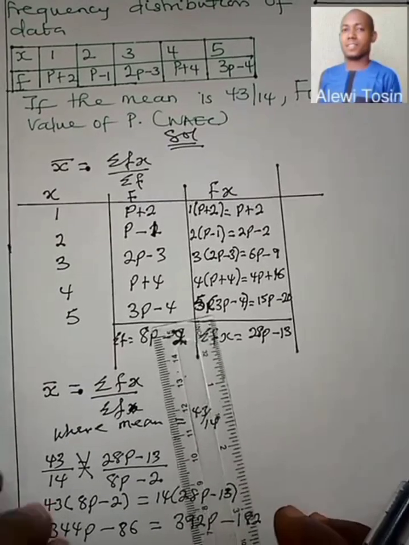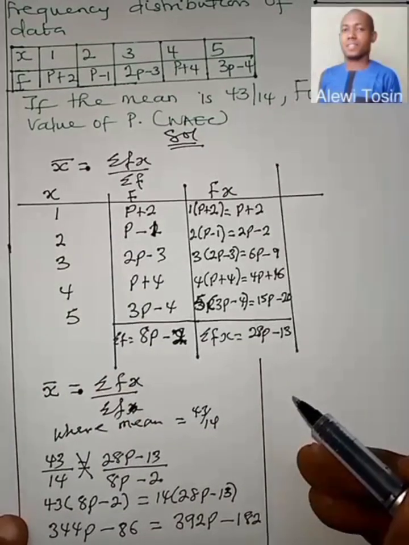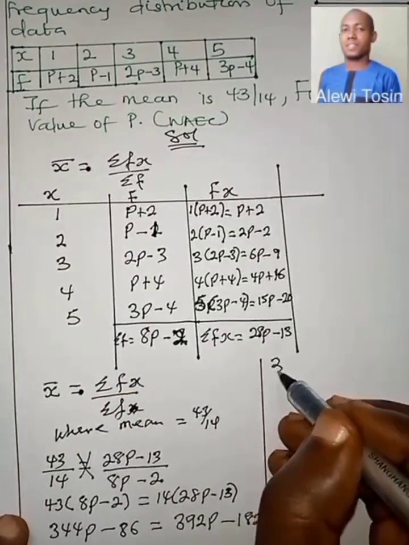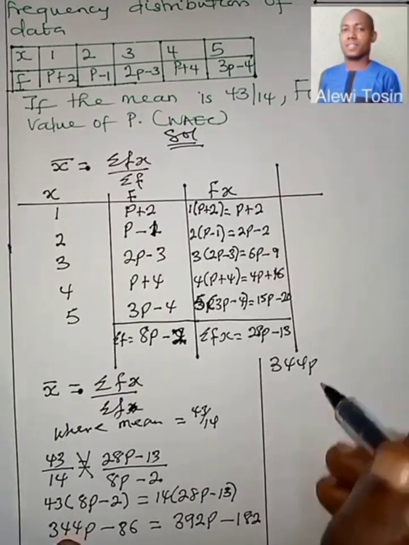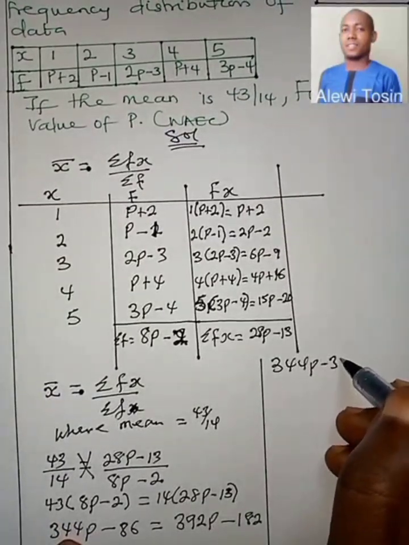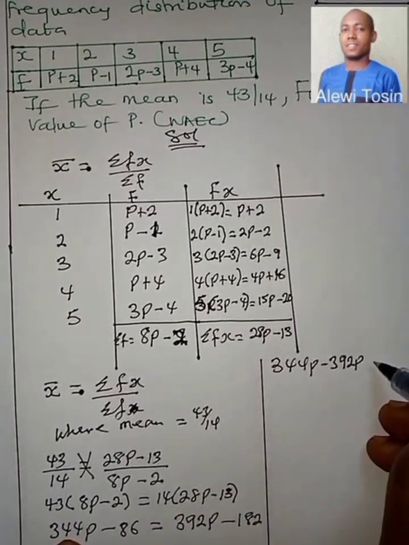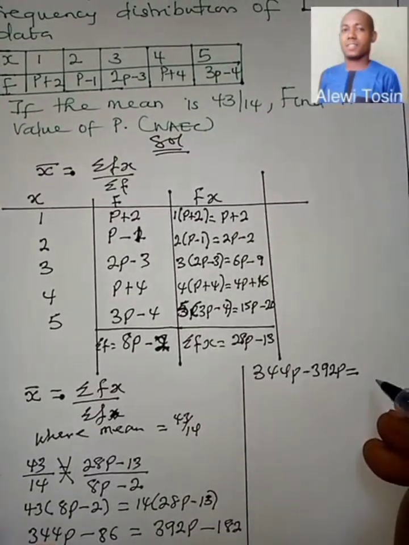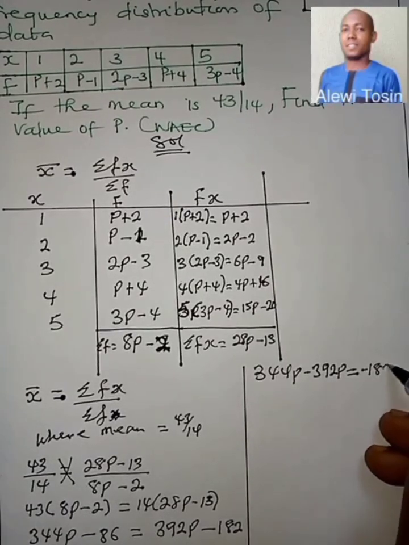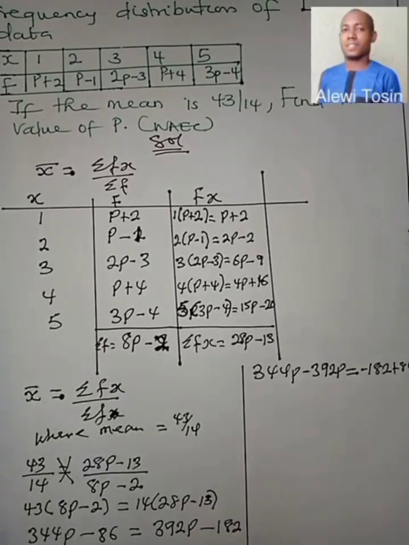Collecting like terms, we have 344p minus 392p, crossing the equal sign, equals minus 182 plus 86.